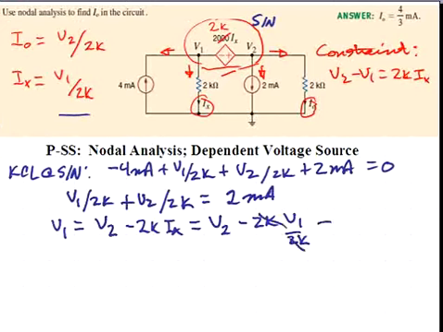The 2K's will cancel, and this gives us that V1 is equal to V2 divided by 2.